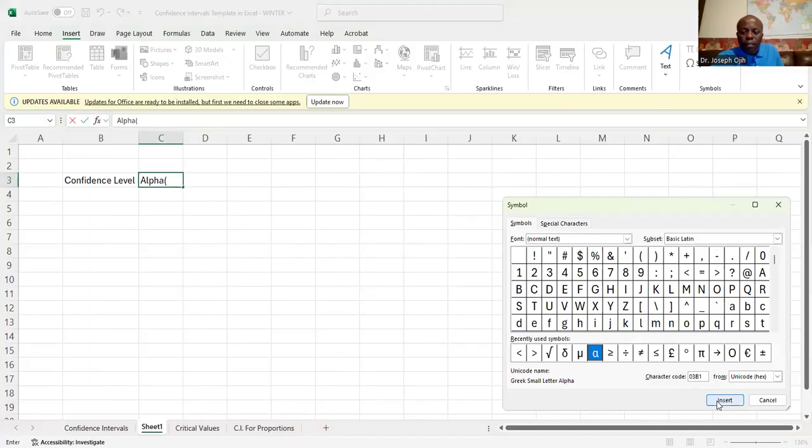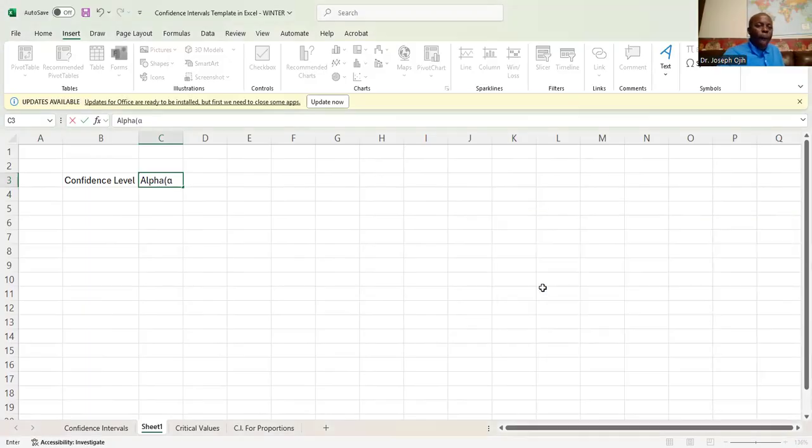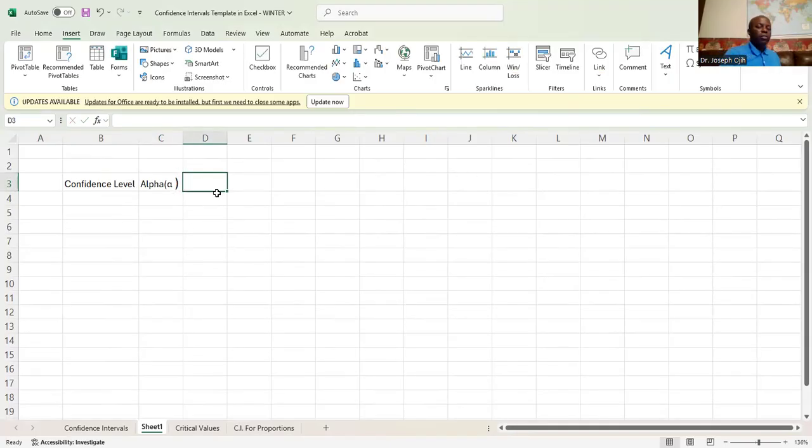Alpha right here. Then critical value, which is Z alpha over 2.